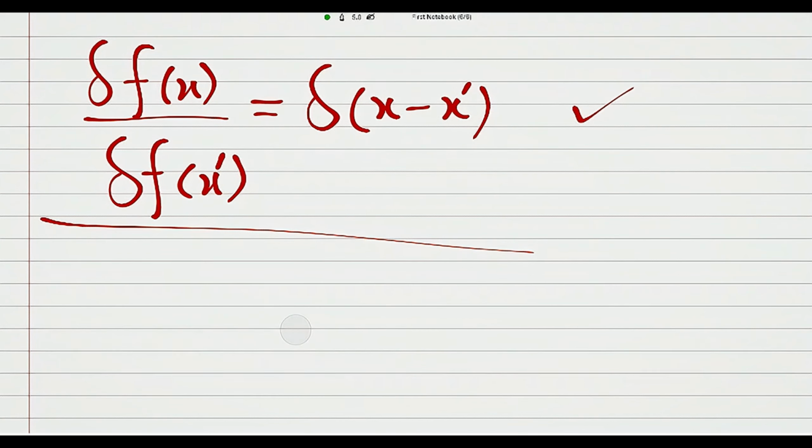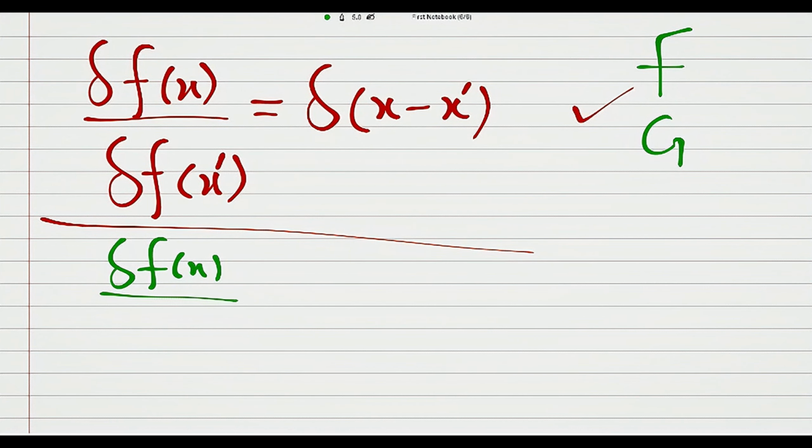Next, for example, if we have a function f of x, this is a function, not a functional. Keep that in mind. Functionals are always represented by capital letters, for example capital F, capital G, gamma, and functions are represented by small letters, like small f, g, h.